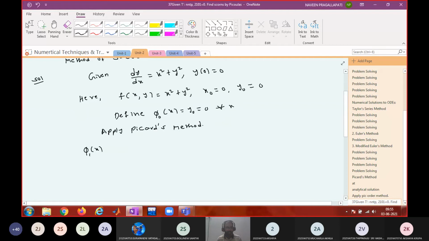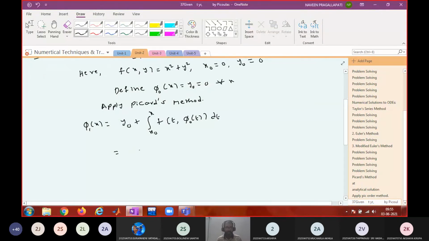Phi 1 of x is equal to, phi naught is 0.